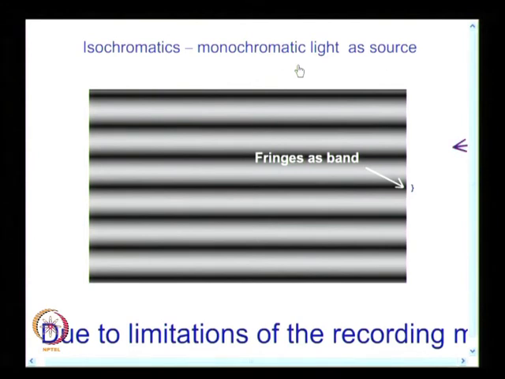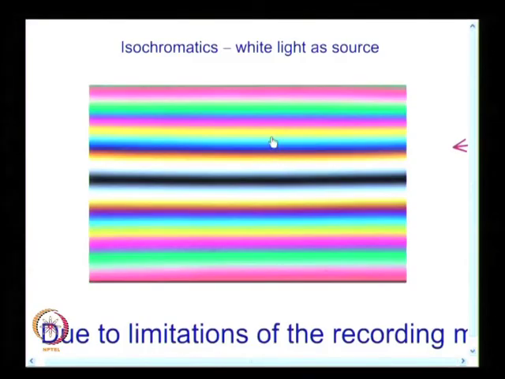On the other hand, if I use white light, which is the uniqueness of photoelasticity, I get the same fringes appearing as a beautiful play of colors. And the advantage with color is that using the color it is possible to label and order the fringes. And why do you see the contours as bands?